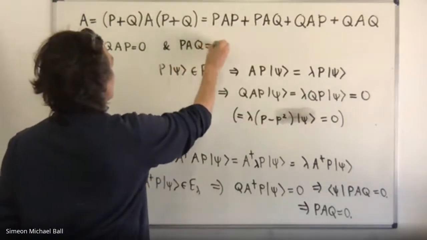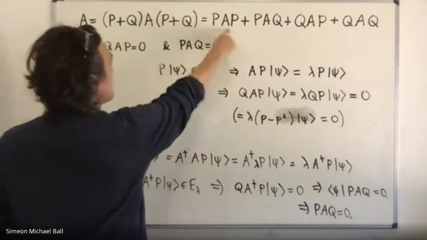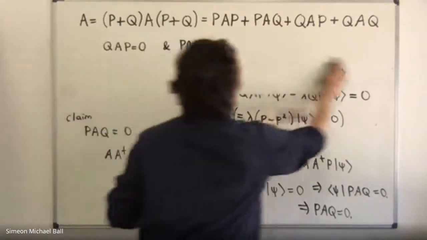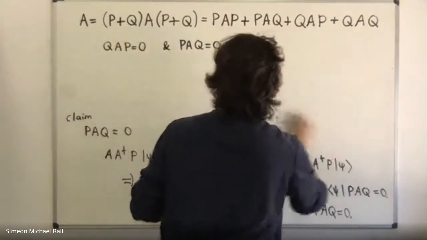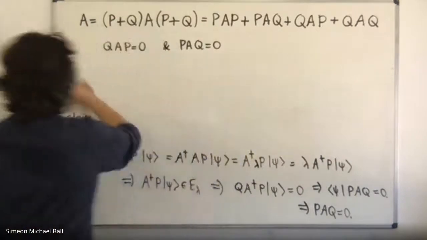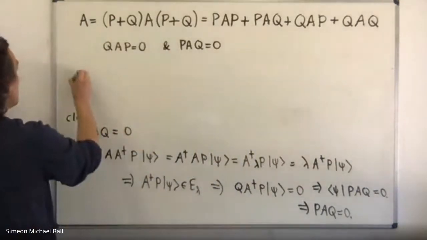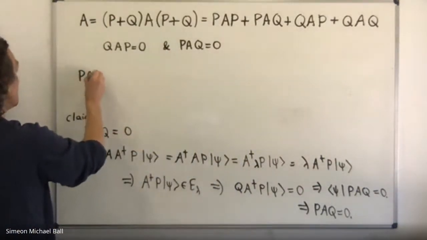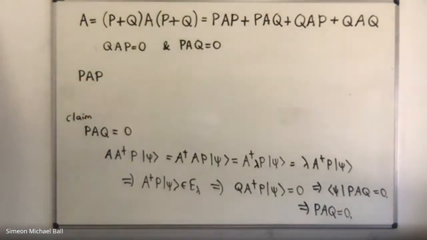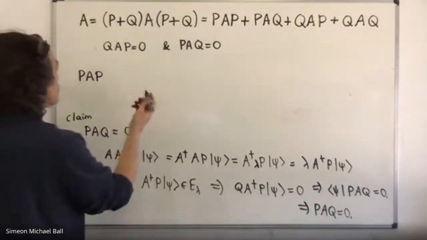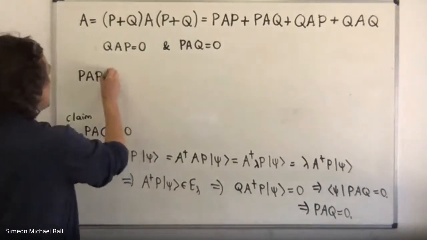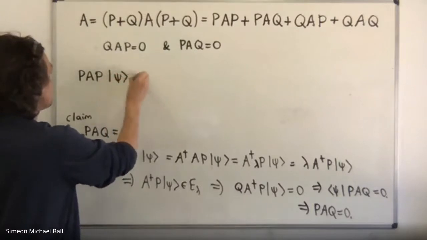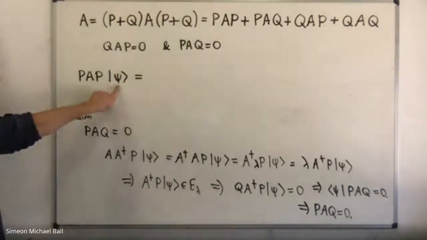So now we're going to have a look at PAP and QAQ. PAP. So again, we just see what happens to all the phi's. PAP applied to phi will map all phi's down into E lambda.